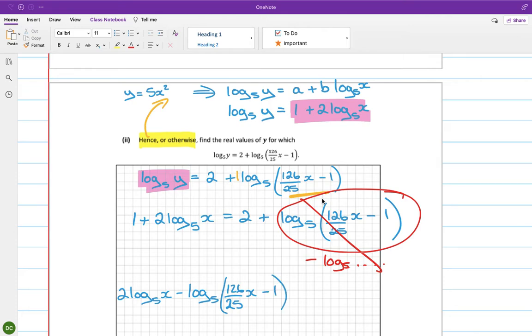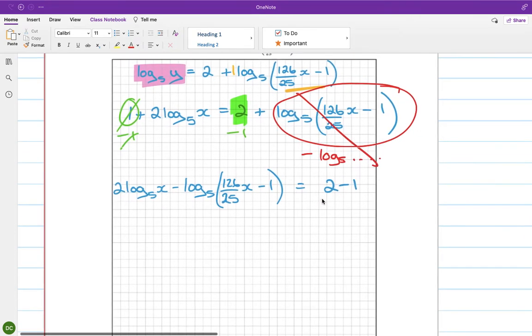Yeah? And that equals, the 2 is already here on the right hand side. And then I'm going to bring this 1 over like that. So I get minus 1.